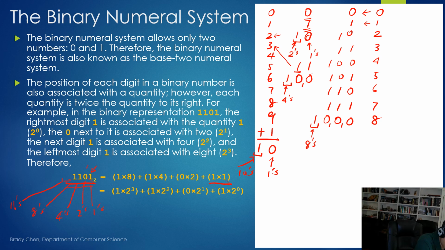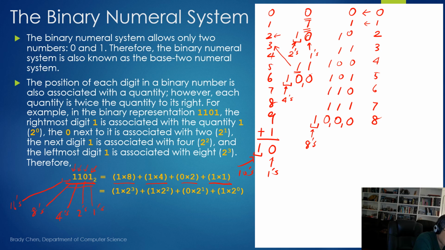Now for this number 0 in 2's position, we can write it as 0 times 2, right? And that one represents the 4th position, so it's 1 times 4. And that one is in the 8th position, so it's going to be written as 1 times 8.